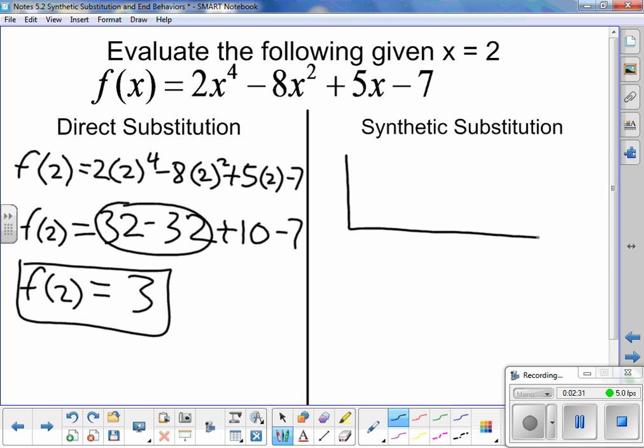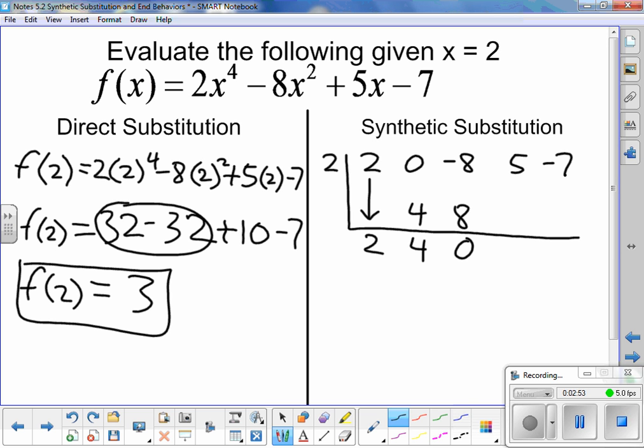I'm going to do it out, see if you can figure out how I did this. So that's a 2, then 2, 0, negative 8, 5, and negative 7. Okay, 2, 4, 4, 8, 0, 0, 5, 10, and 3.